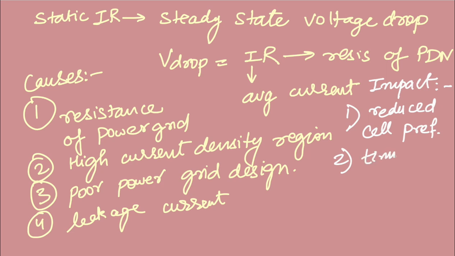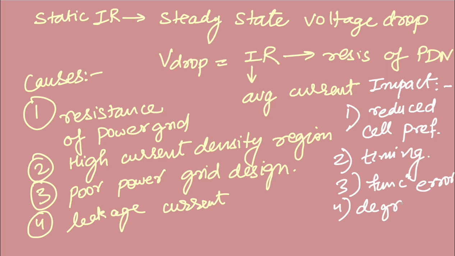So there can be a timing impact also. In extreme cases, you can have a functional issue. A functional error can come if your transistor is extremely slow. At that time we do not know whether it is 1 or 0, so that can be a problem.